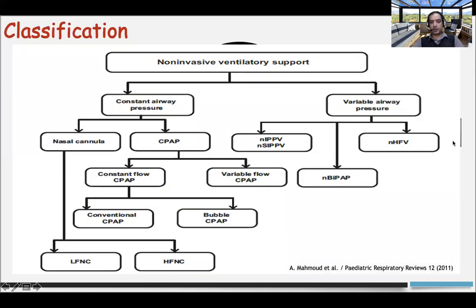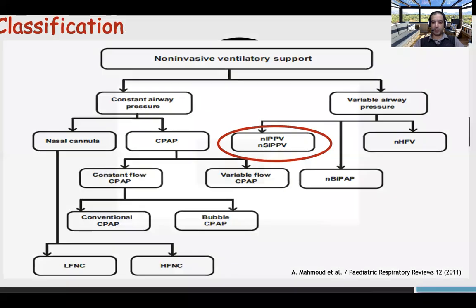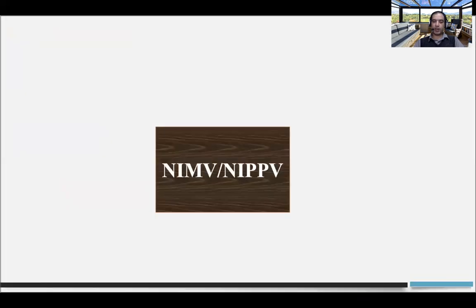If we classify these modes depending on the pressure generation, they can be broadly divided into constant airway pressure or variable airway pressure devices. NIPPV comes under variable airway pressure devices, and we'll be discussing more about NIPPV in subsequent slides.